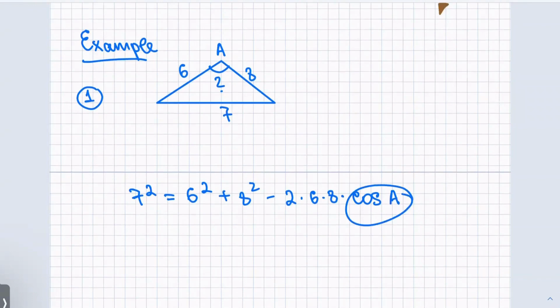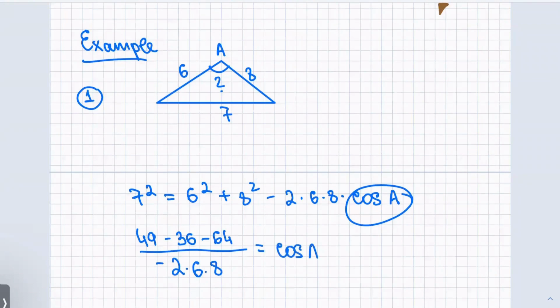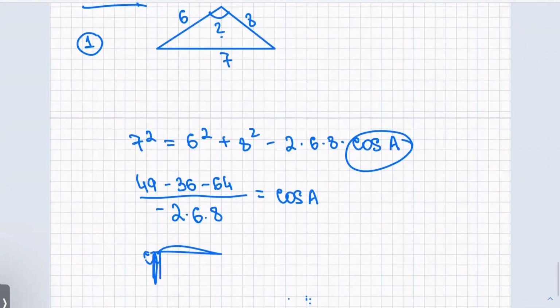But first, to find the angle A, we have to find the cosine A. So we have here 49 minus 36 minus 64 over minus 2 times 6 times 8 is equal to cosine A. Or we can just write that cosine A is equal to, let's see, 49 minus 36.